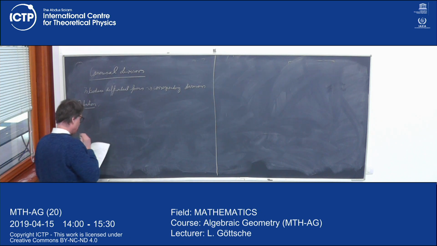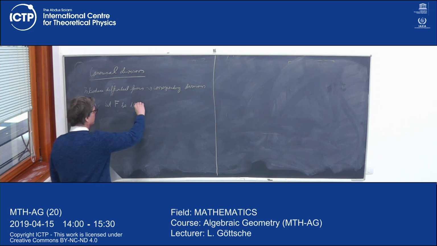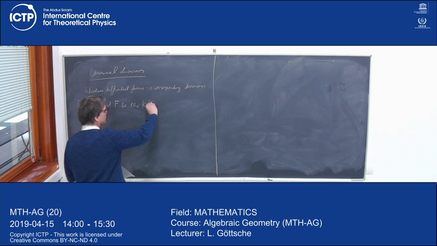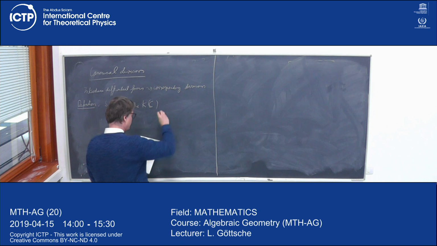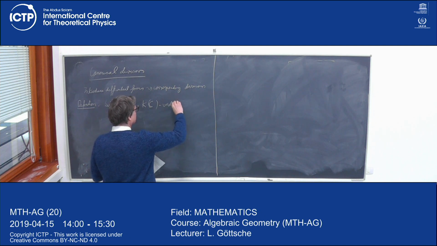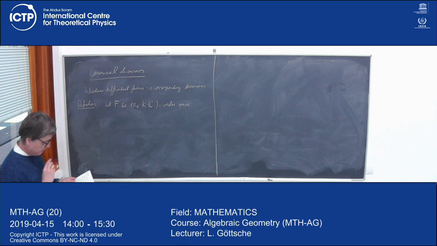So let F be the vector space over the field of rational functions, which is generated by the following symbols.